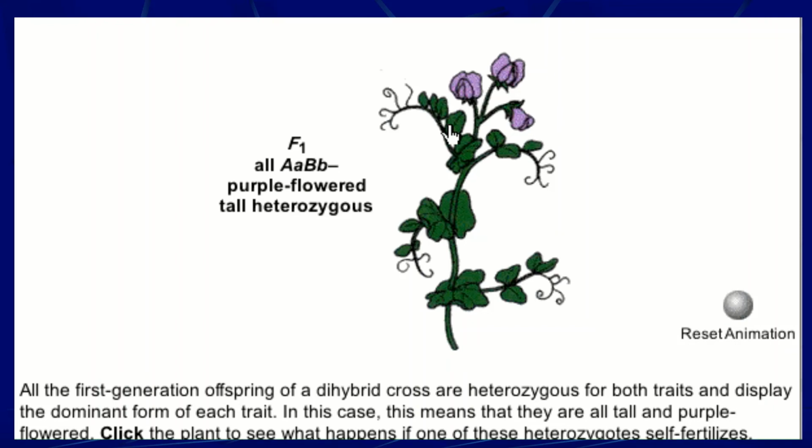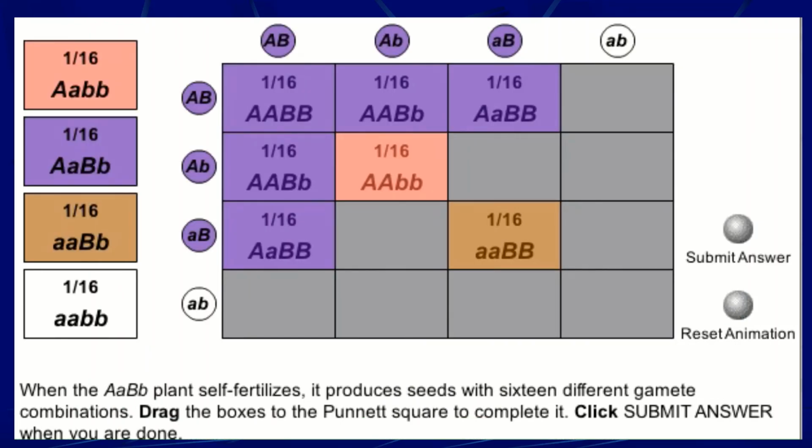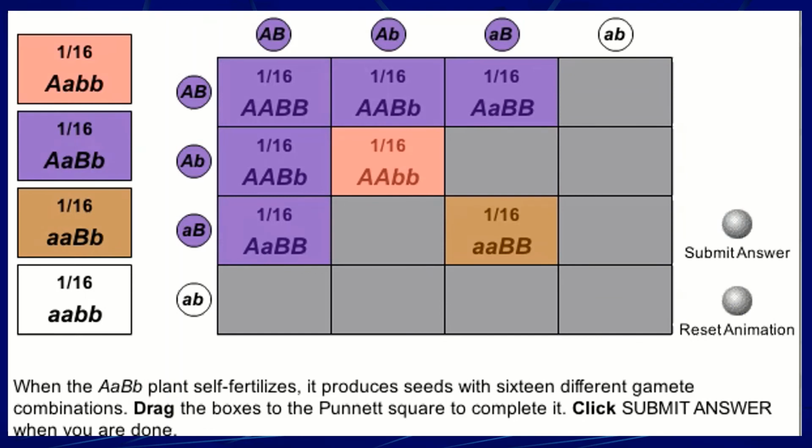Let's see what happens if this F1 self-fertilizes. So when the plant heterozygous for two traits self-fertilizes, it produces seeds with 16 different gamete combinations as shown in this Punnett square. So we already have here some supplied genotypes. Let's fill in the missing ones in the blank squares.